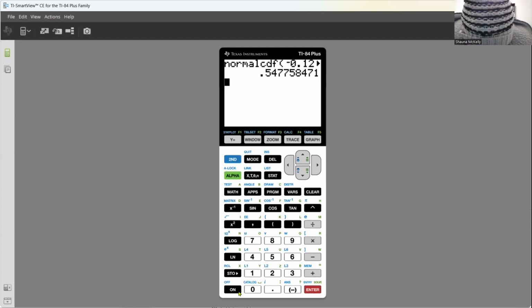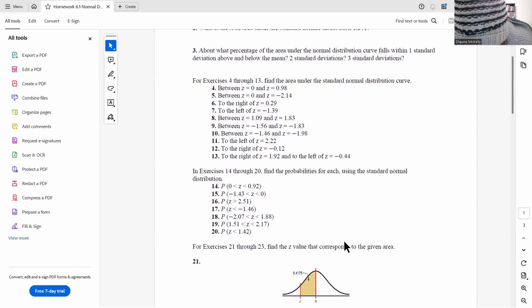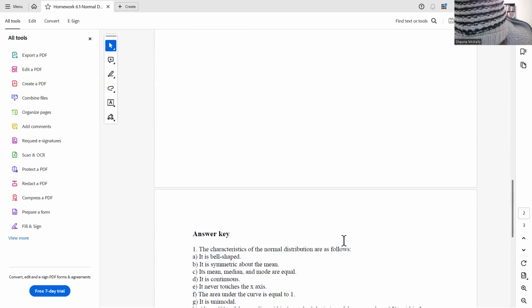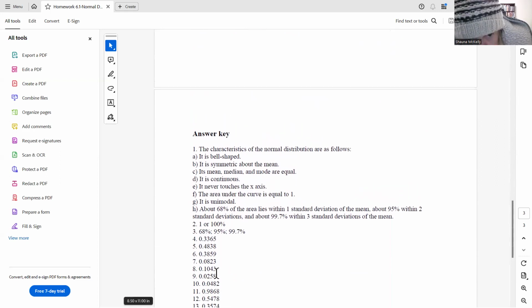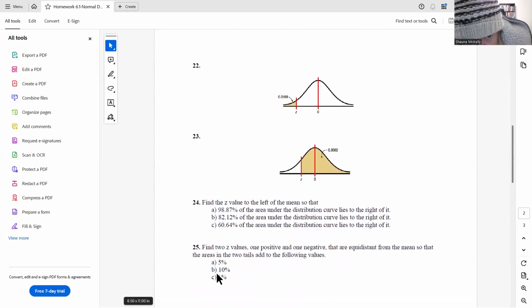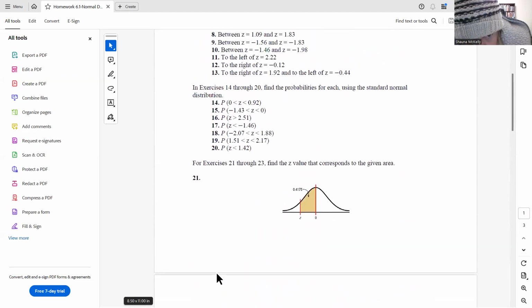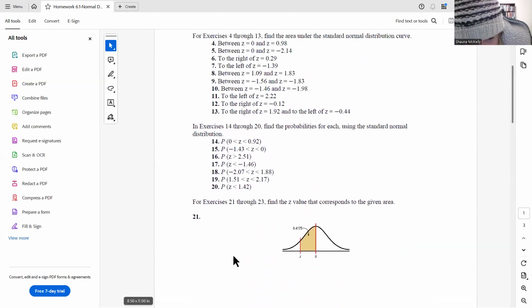So here, we're going to get number 12. And there it is, 0.5478.